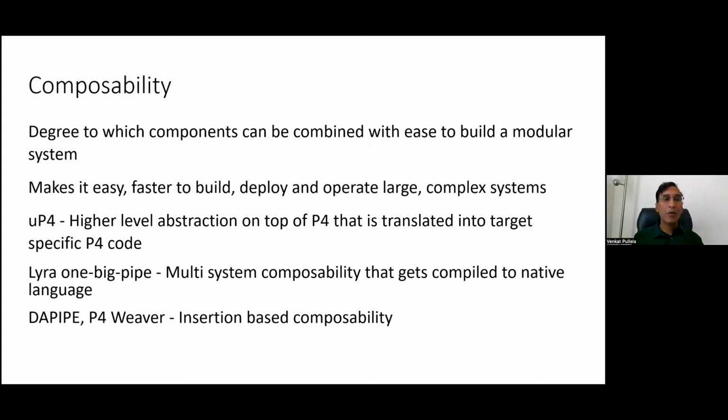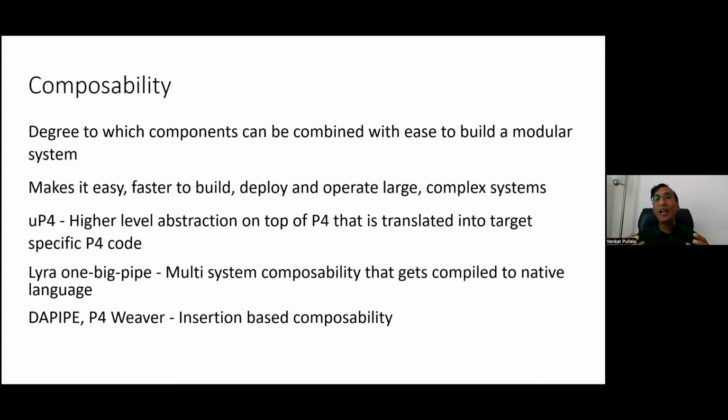There's some really good work on microP4 that happened. That work basically has a higher level abstraction on top of P4 that gets translated into P4. That's the way they have dealt with composability at the higher scale, right?